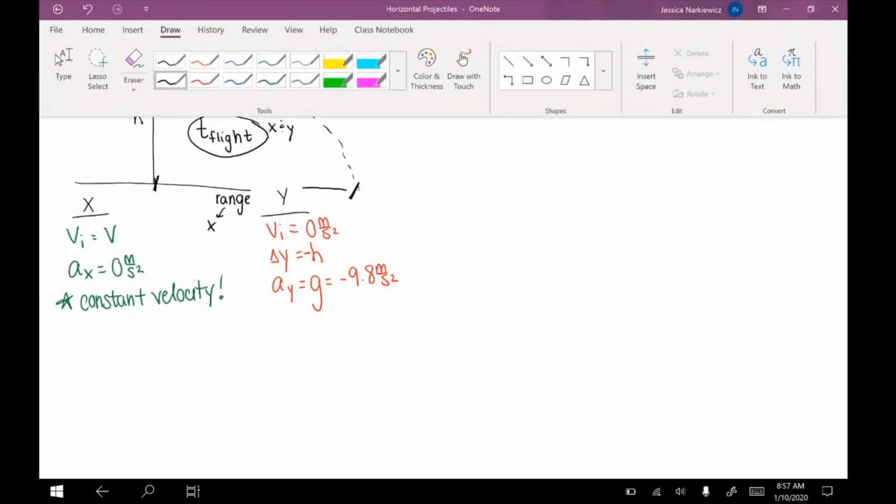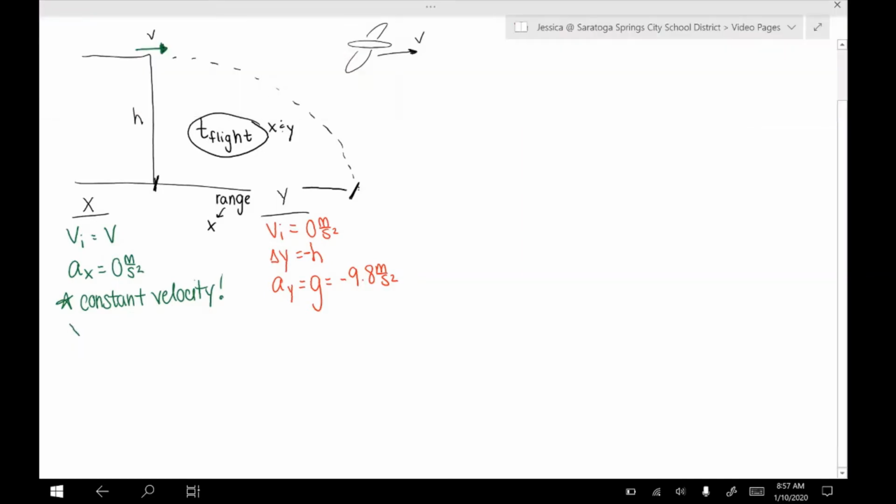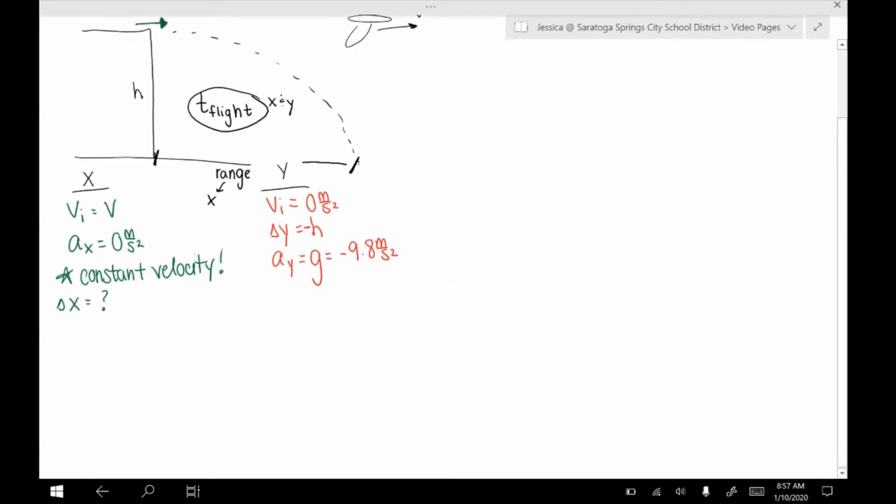So let's say I wanted to find the range, or my delta X. Because we're moving at a constant velocity, my change in X, or my range, is going to be my initial velocity times time. That comes from the x equals x0 plus v_i t plus 1/2 a t squared equation. If acceleration is 0, then my change in X is just the same thing as the initial velocity times time.